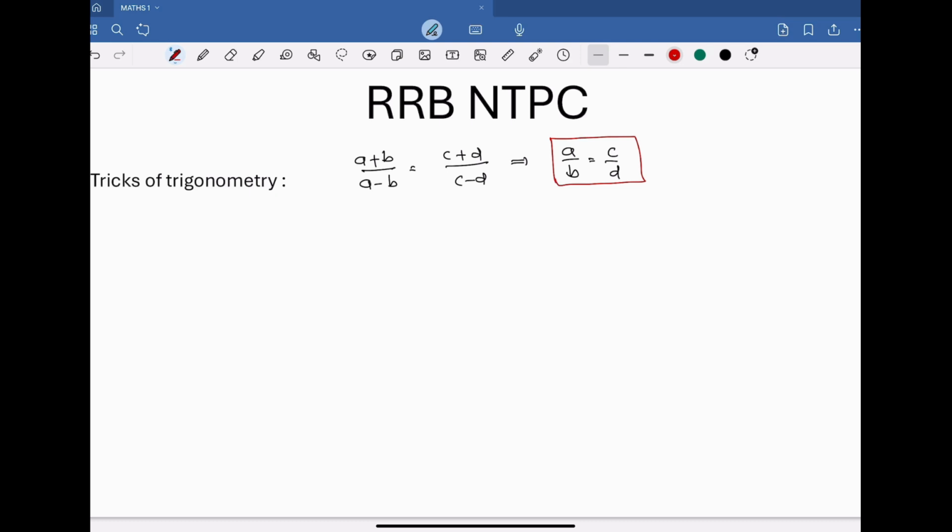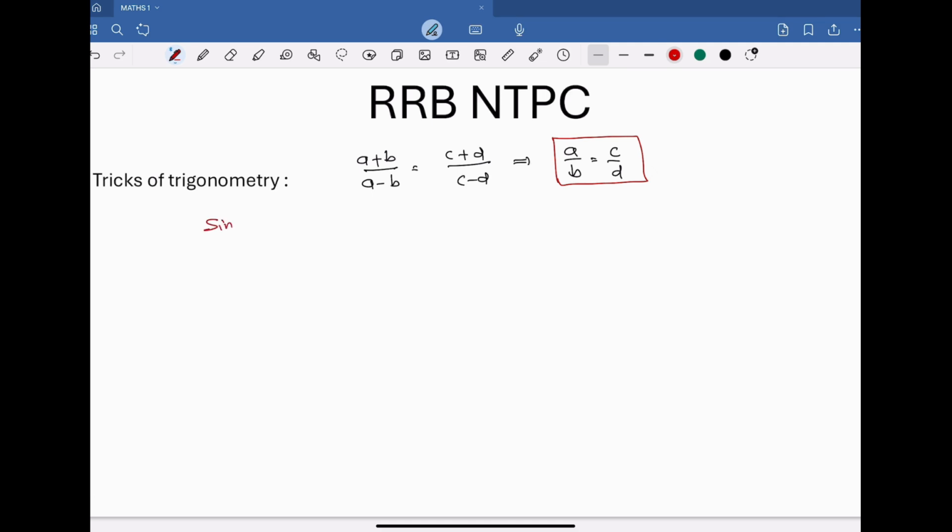And 4 theta we can make as 2 into 2 theta. Once you know 2 theta and 3 theta, 4 theta is equal to 2 into 2 theta, and 5 theta is equal to 2 theta plus 3 theta. So that we need not go in detail for the higher thetas.